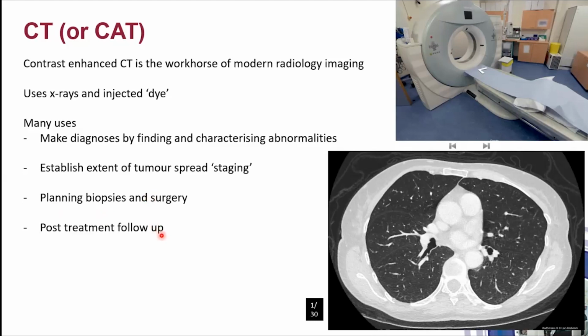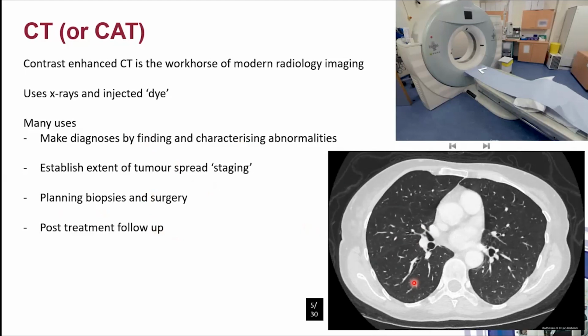So they really are used in all sorts of different scenarios, and really complement the biopsy, because the biopsy might say exactly what one individual lesion is, but it won't say how far it's spread, or how do you know where to take the biopsy from if you don't have the CT scan? So the two go hand in hand.